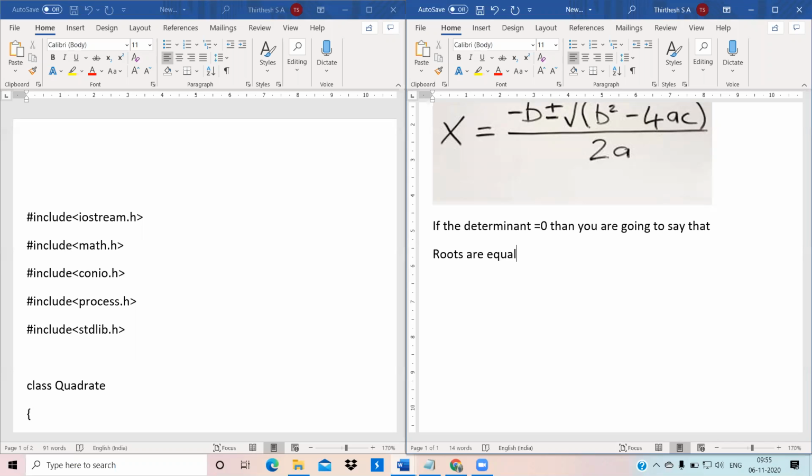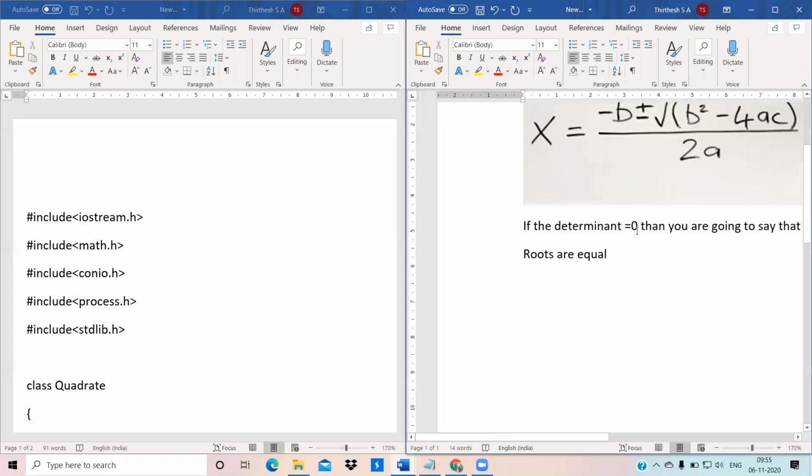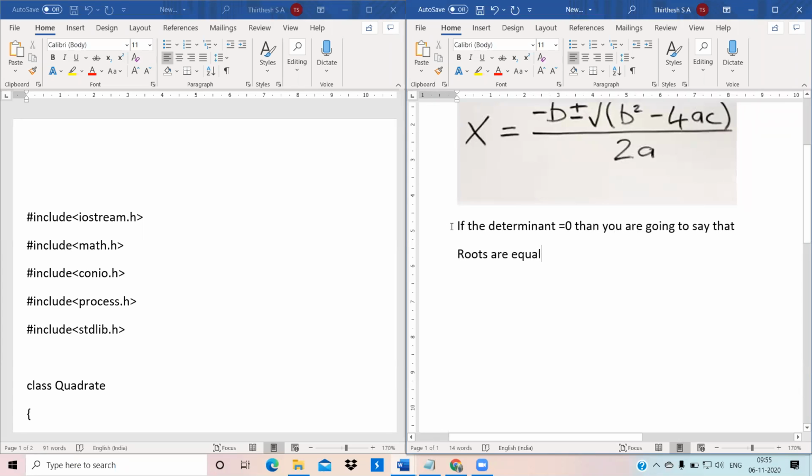If a determinant is equal to 0, then roots are equal.